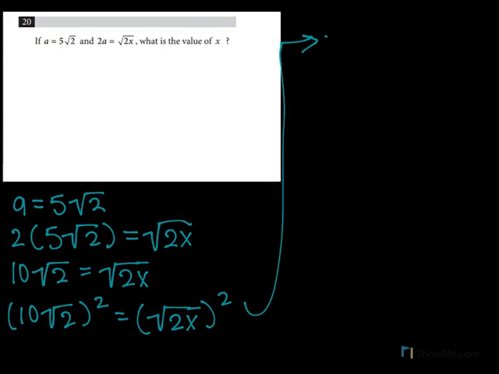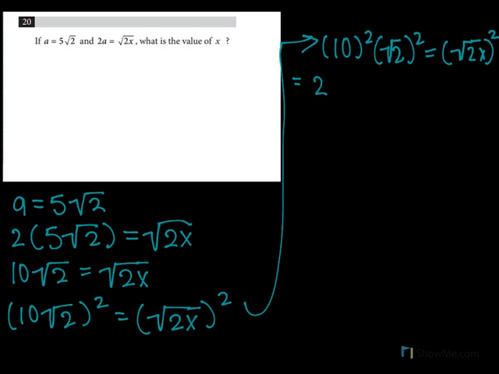And this would simplify to 10 squared times rad 2 squared, which is just 2, equals rad 2x squared, which would just be 2x.